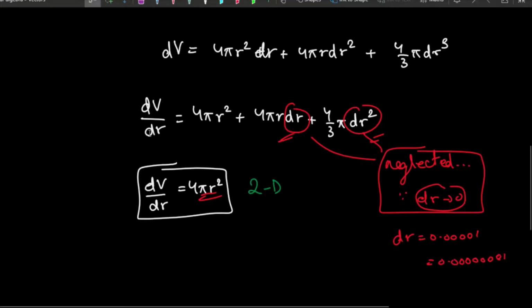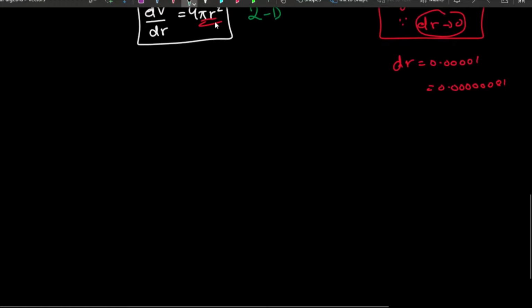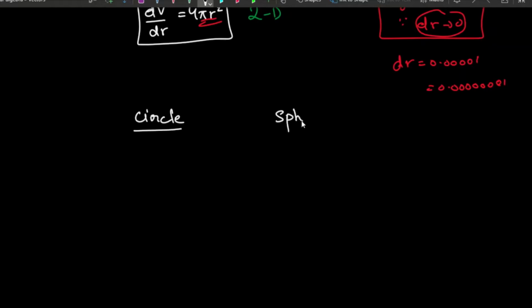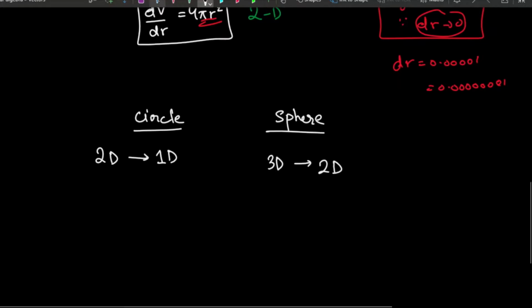So relating the two things that we just saw between sphere and circle, in a circle we went from a two-dimensional figure to a one-dimensional figure, and in a sphere we went from a three-dimensional figure to a two-dimensional figure by performing the operation of taking its derivative with respect to the radius.